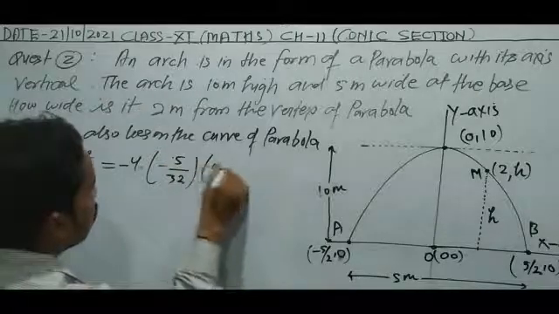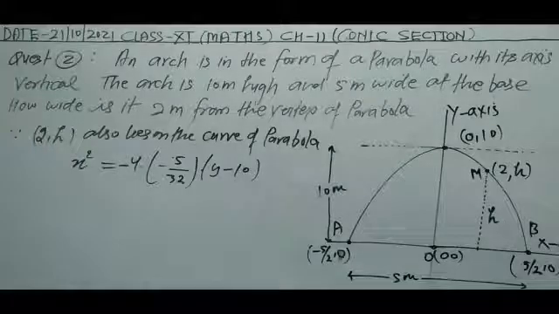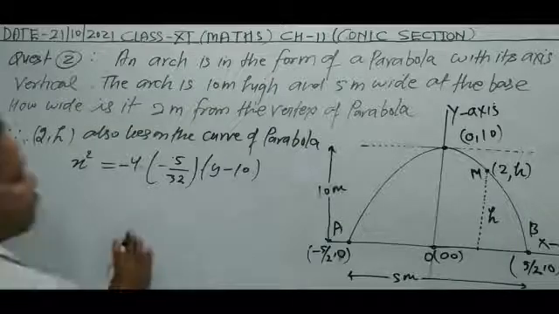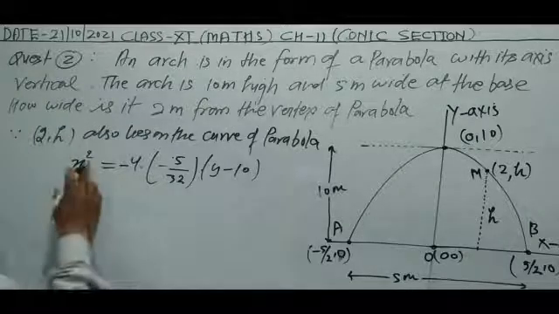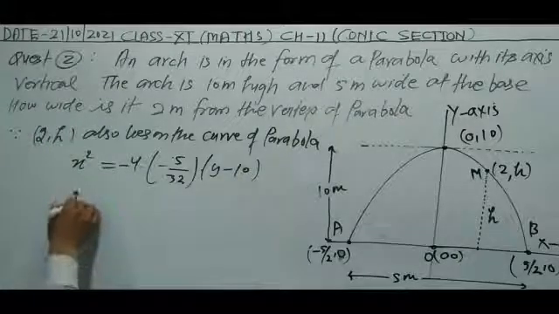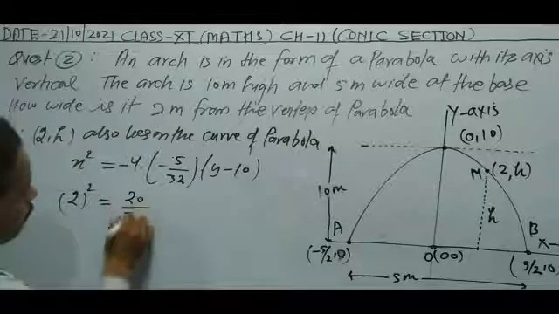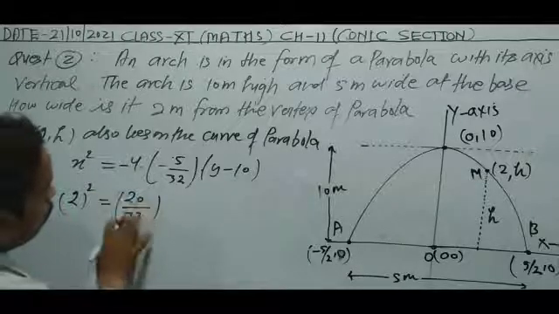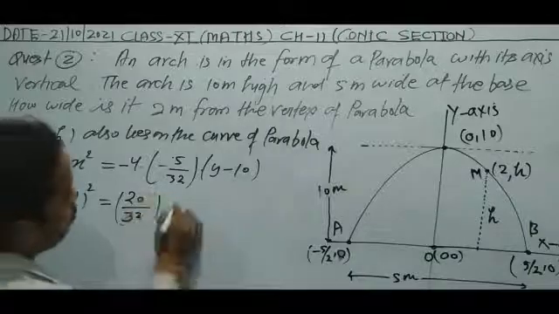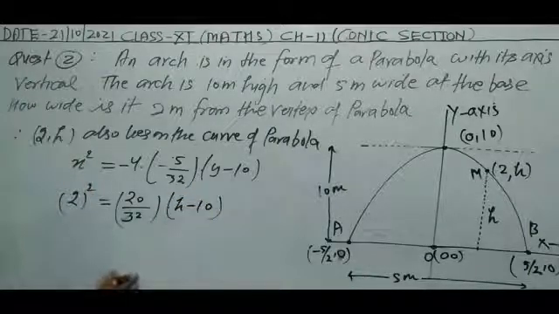Now put the values of x and y as 2 and h. So 2 square will be equal to 20 by 32 into h minus 10.